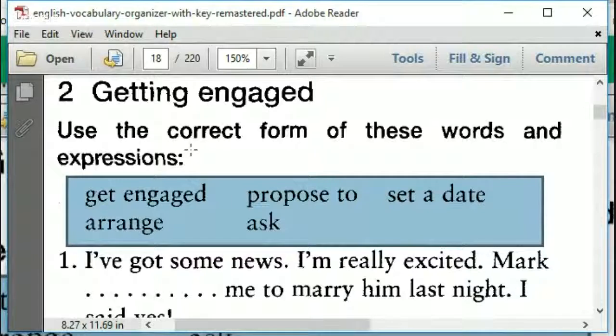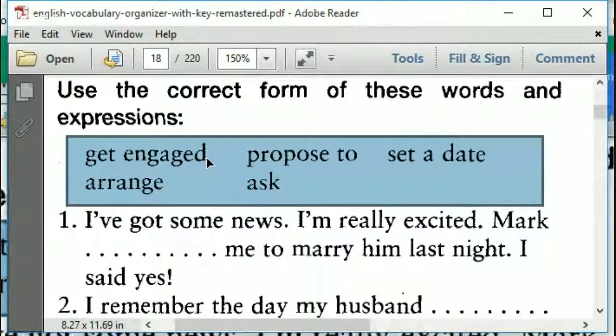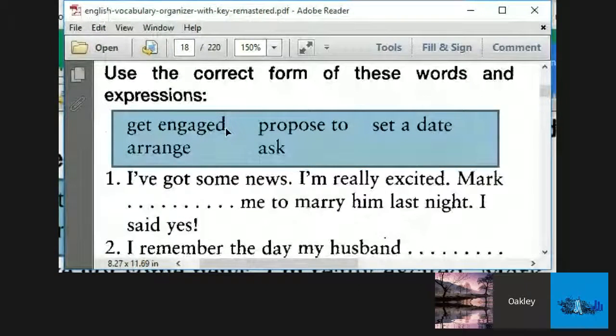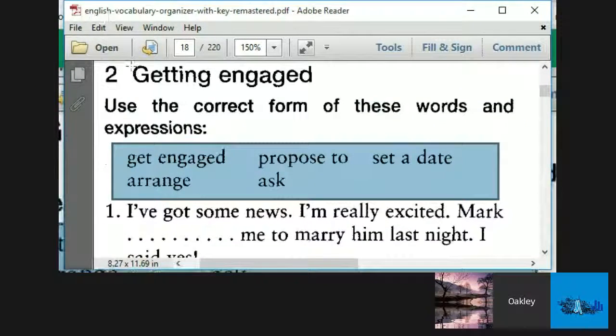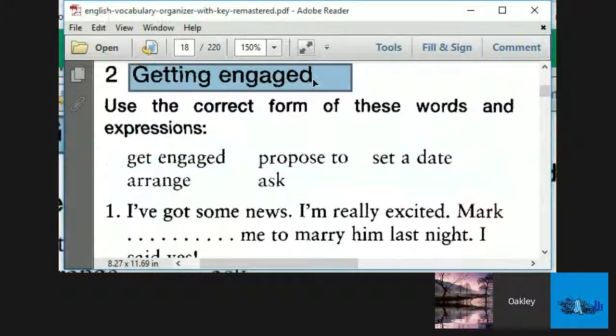Just kidding. Why not? Yeah, absolutely. In any case, whether you're married, not married, never plan on getting married, this is good vocabulary to know. So we're going to start at the beginning, the engagement.